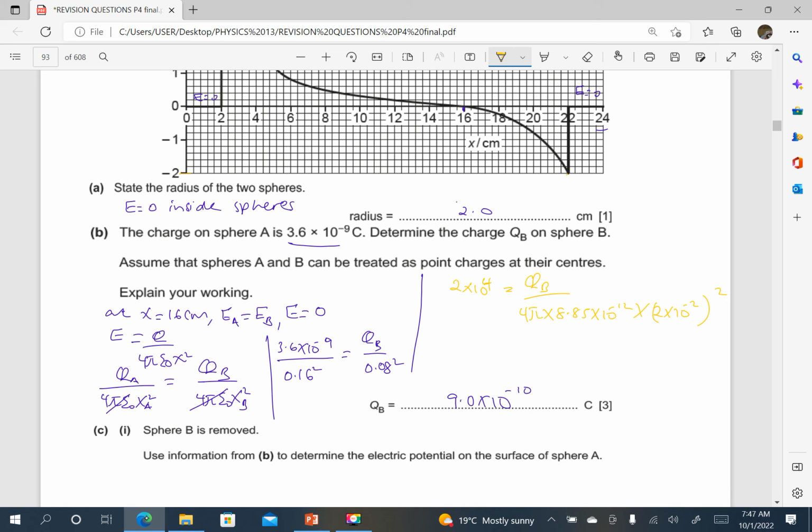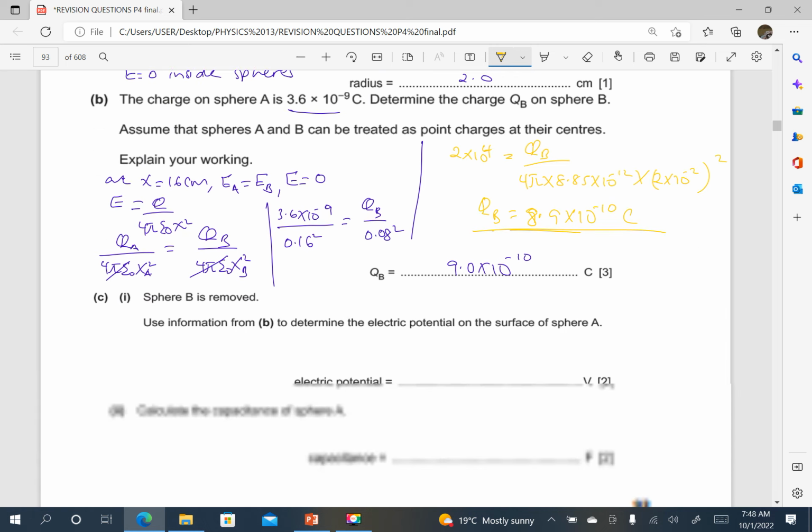So QB is 8.896, which is 9.0, or you can take it to be 8.9 times 10 power negative 10 coulombs. That is, if I just consider the surface.